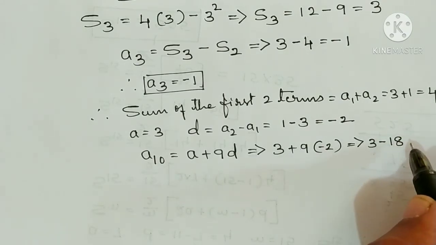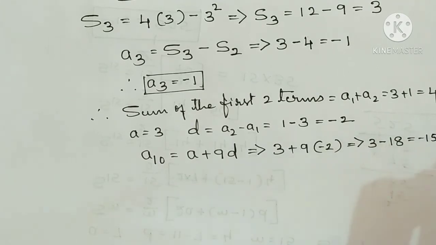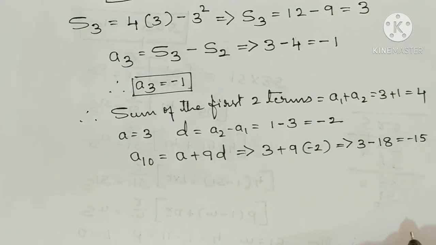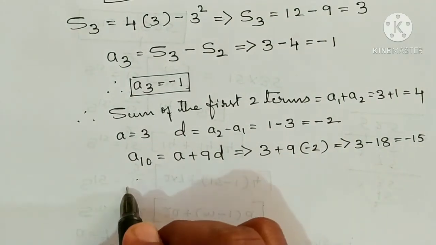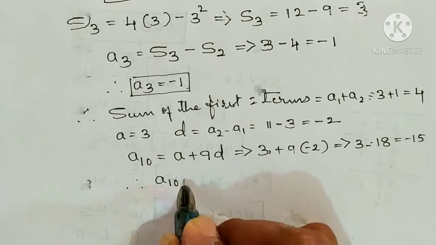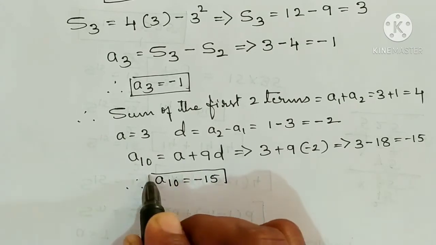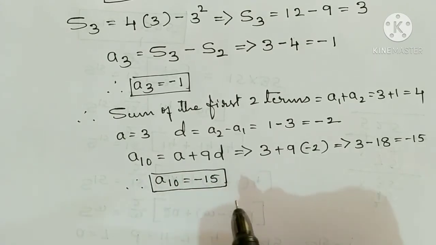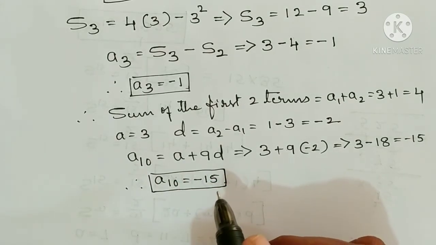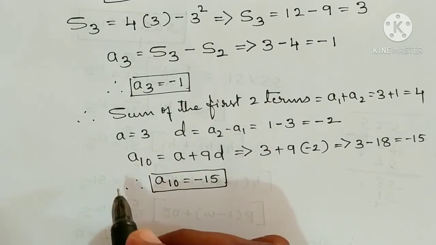So 3 minus 18 is equal to minus 15. Therefore A10 is equal to minus 15.